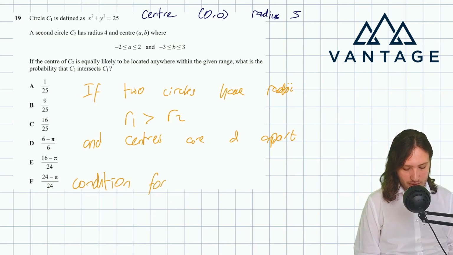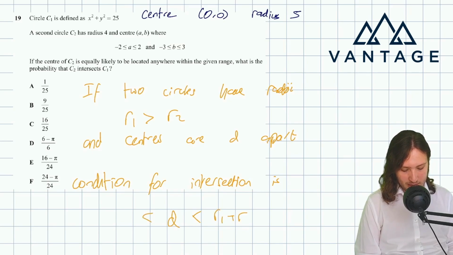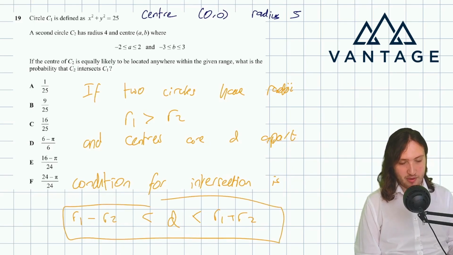So the condition for intersection, nice simple condition to remember, is that the separation of the centres has to live between the sum and the difference of the radii. So well worth memorising that.